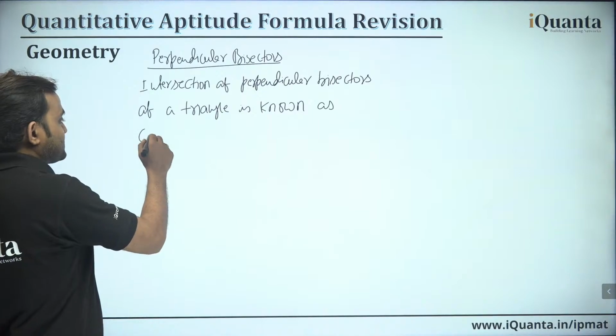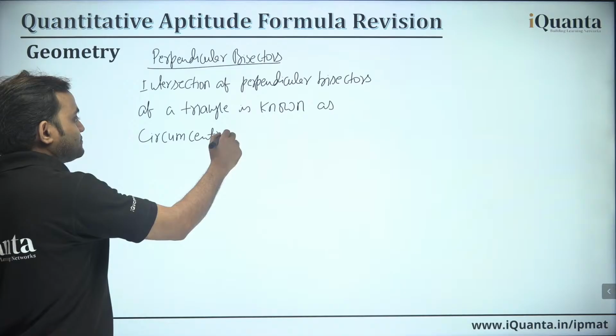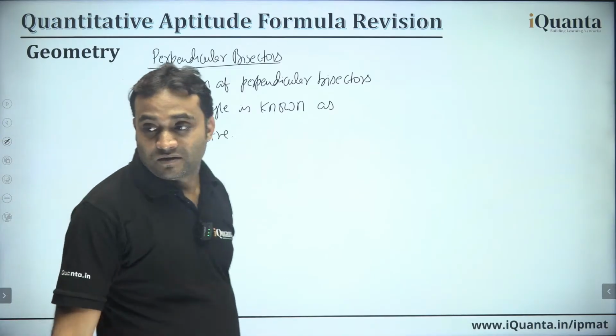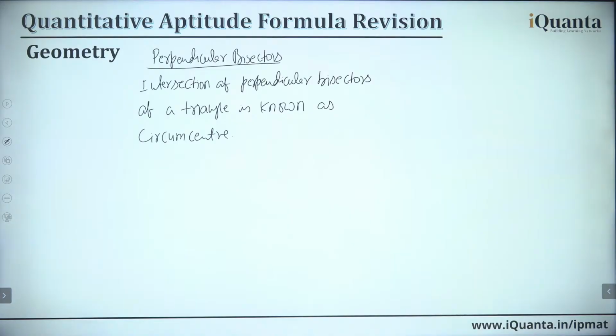This is known as circumcentre. In any triangle, the intersection of perpendicular bisectors of a triangle is known as circumcentre. Okay.